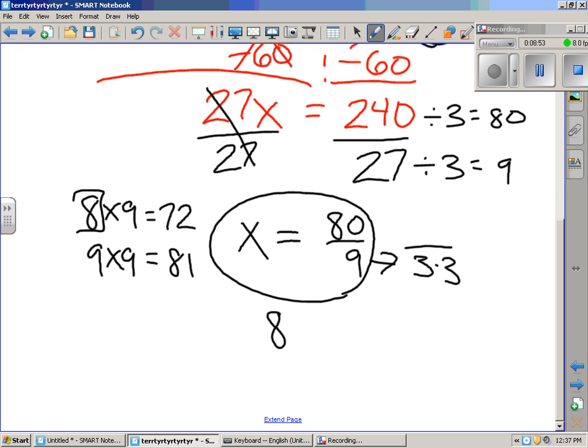So we're going to go with the 8 times the 9 and get the 72. And if we take 72 from 80, we'll have 8 left over, because 80 minus the 72 would give us a remainder of 8. So 8 and 8 ninths. So you could write this either way, 80 ninths or 8 and 8 ninths.